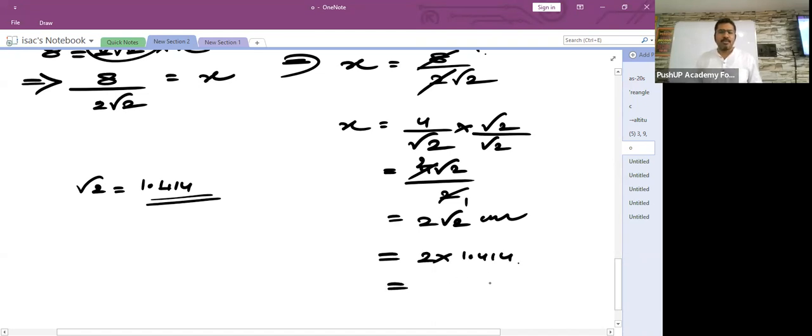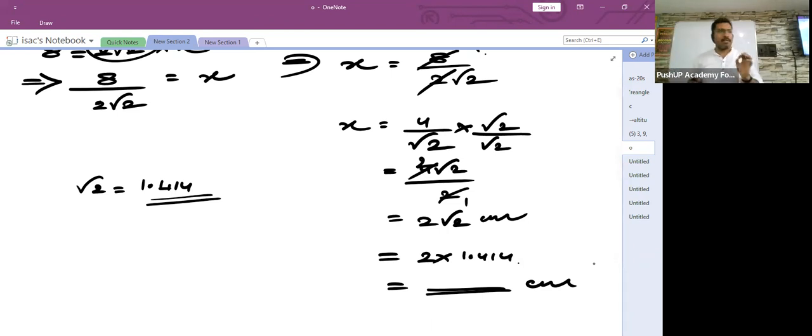Just multiply these two numbers and whatever product you get, that is your answer. Easy? Because in most cases, they ask you to write it in the decimal form. And the value of root 2 will be given to you. If it is root 2, 1.414. If it is root 3, then 1.732. No need to learn it by heart because in the exam, they will give it to you in the question paper itself.